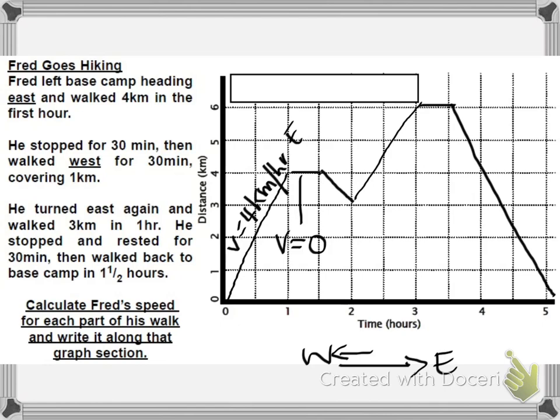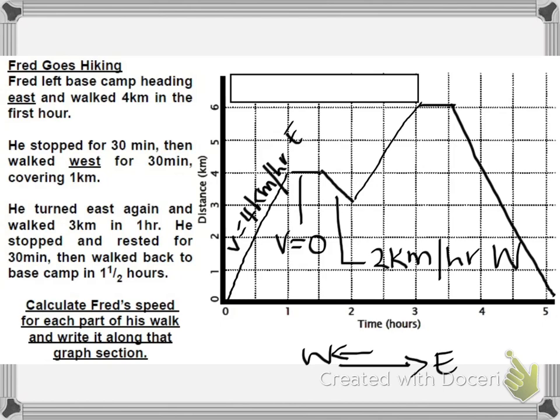So then he's gone west for 30 minutes. So he's gone 1 kilometre in 30 minutes. So it's 1 divided by 0.5 hours. So he's gone 2 kilometres per hour. His velocity is now 2 kilometres per hour west.